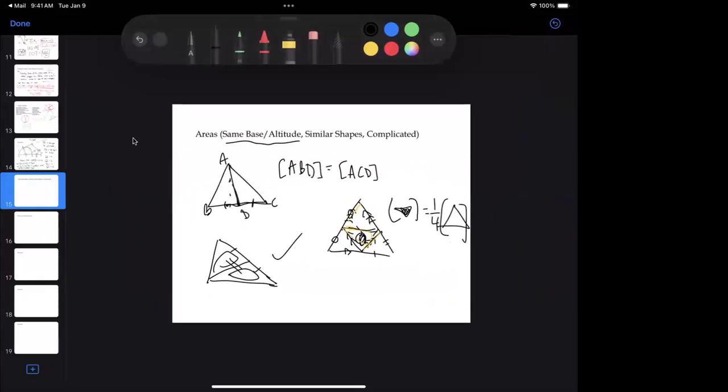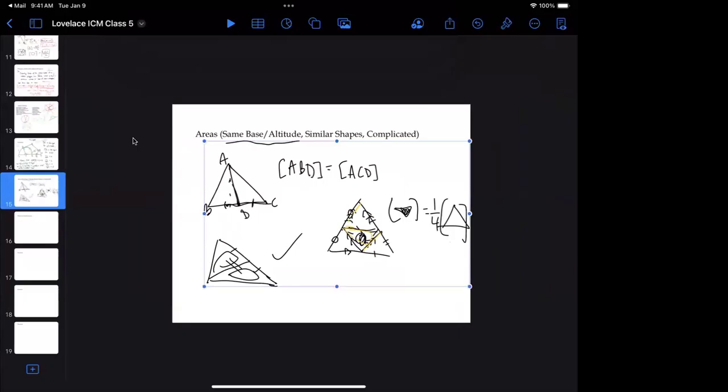Okay, and lastly, for complicated shapes, let's just do a practice problem, because it's very hard to explain.